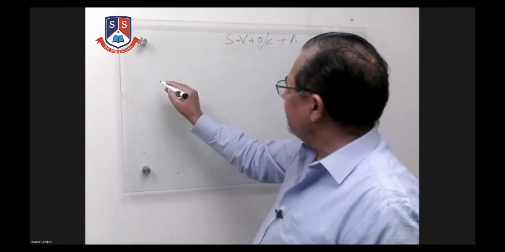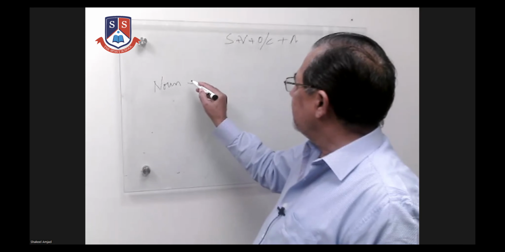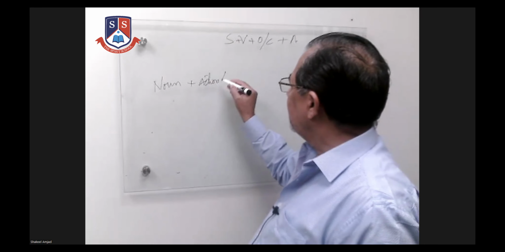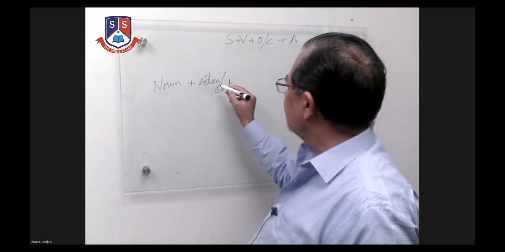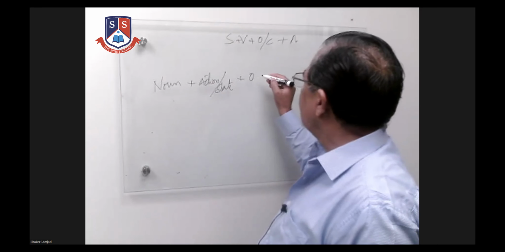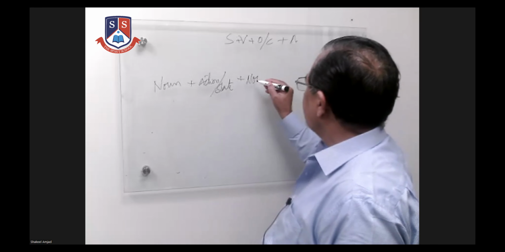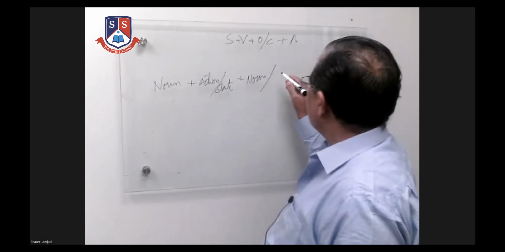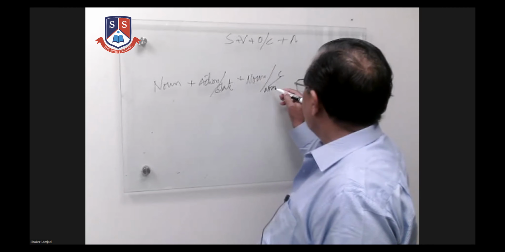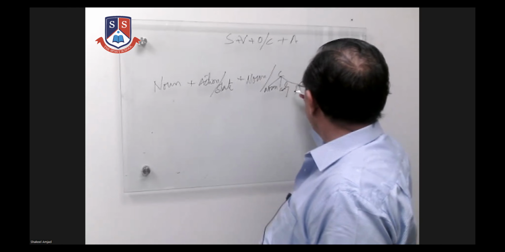So, if you look at this, subject is a noun, verb is action or state, object is a noun, and complement can be a noun, an adjective, a prepositional phrase, an adverb.